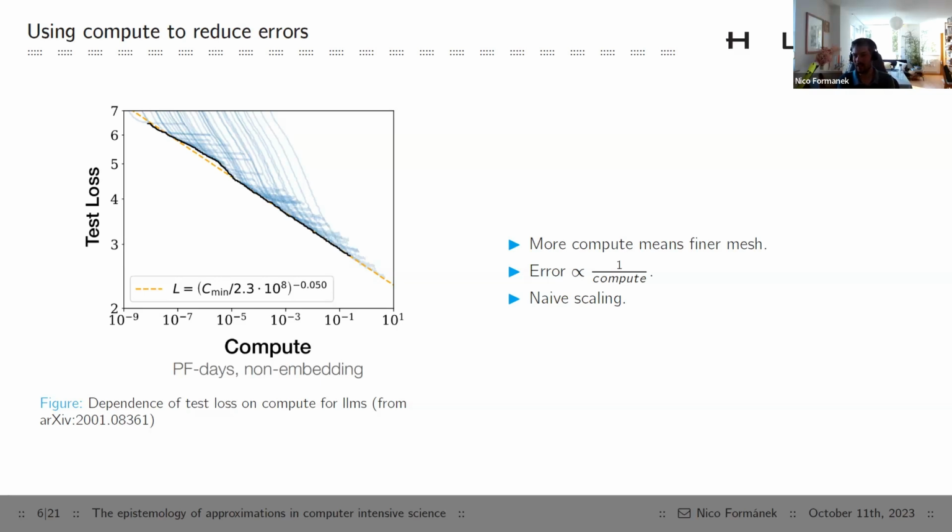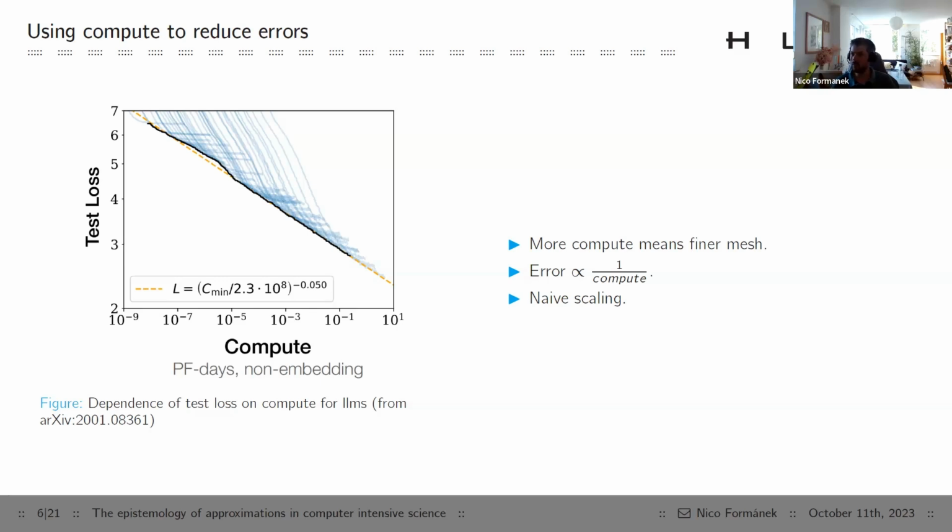So in general, I think the idea here is the more compute we have, the finer we can make our discretization mesh, the more time steps we can do in the same compute time. I'll just call this naive scaling, because in a sense it's naive. We don't have to improve on the numerical method, on the approximation.